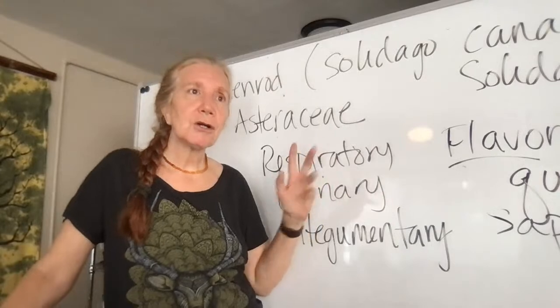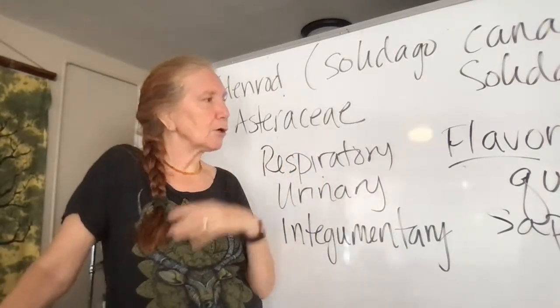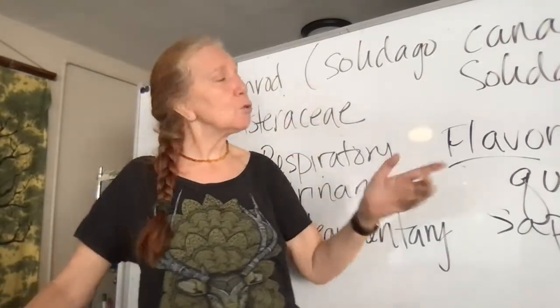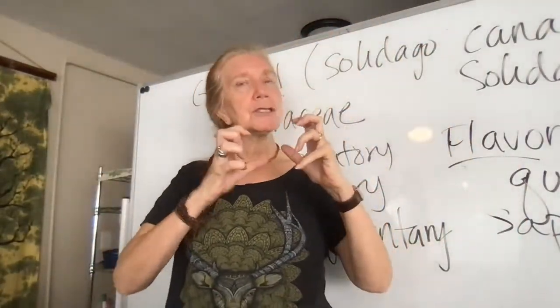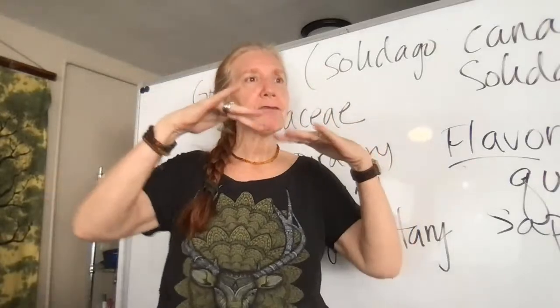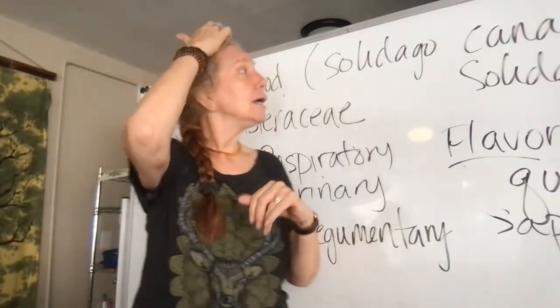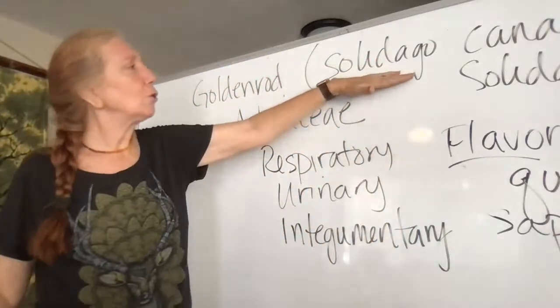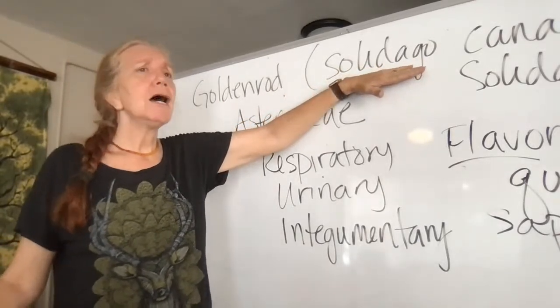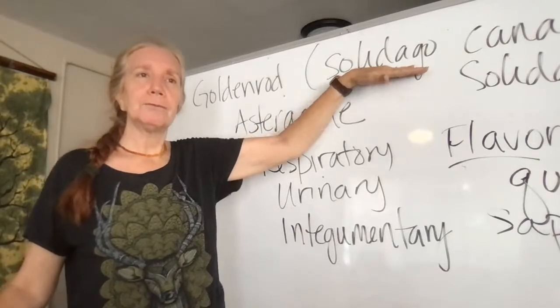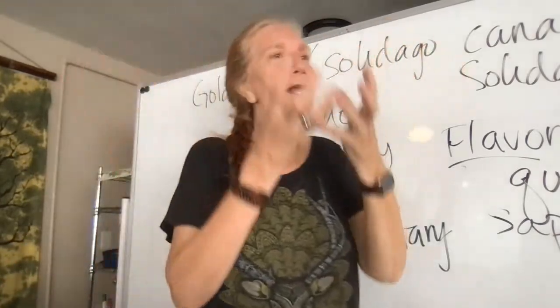So kidneys, urinary tract, anytime where there's pain on urination and irritation, and where you want that kind of quality of stabilizing and strengthening those tissues and reducing inflammation and healing. The genus name Solidago means to make whole, to bring together.